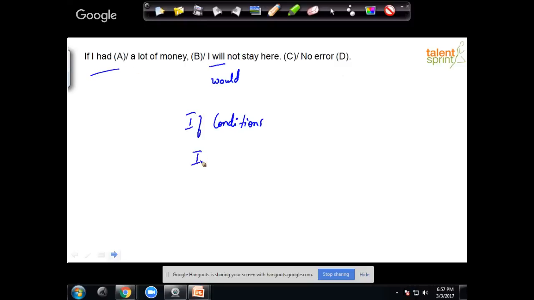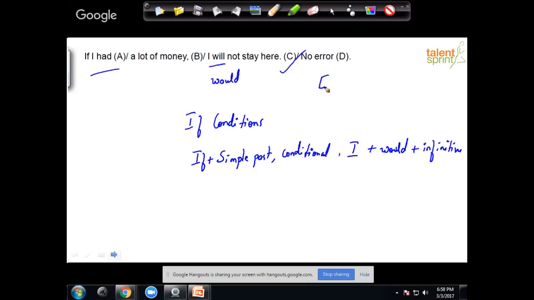Because the form is if plus simple past, then the conditional is I would, not will, plus the infinitive. So that's why, if I had a lot of money, past tense, if plus simple past, I would not stay here. Error is in part C.